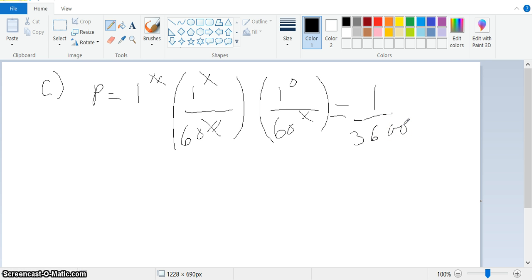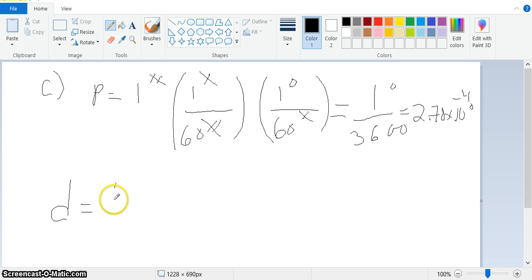So it's that fraction of a degree. In decimal form, it's something like 2.78 times 10 to the minus 4th degrees.